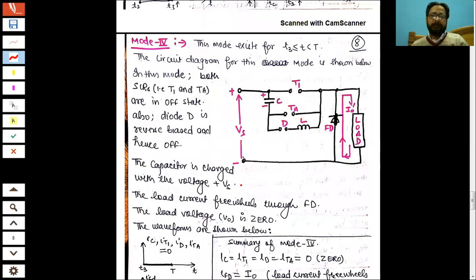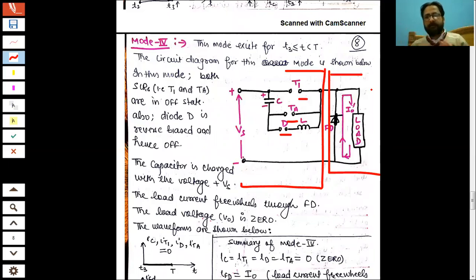So this part and the load part of the chopper circuitry are totally disconnected now. Okay, now here comes the role of the freewheeling diode. Now the freewheeling diode will get forward biased because the inductor will start releasing the current stored in it through the freewheeling diode. So it will make the freewheeling diode forward biased.